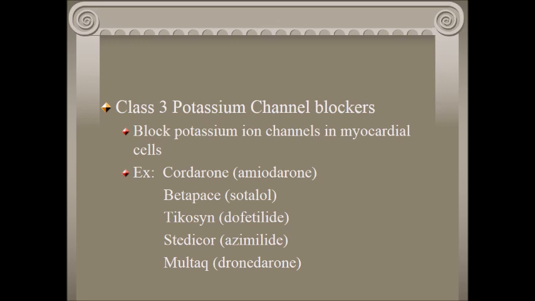Amiodarone side effects include different neurologic sequelae, which could end up being stroke or just some different headaches, nausea, shooting pains, as well as pulmonary fibrosis, thyroid abnormalities, and skin discolorations. Betapace can also cause pulmonary fibrosis. Stedacor is one drug that they found that has a decreased effect to the lungs and the thyroid.